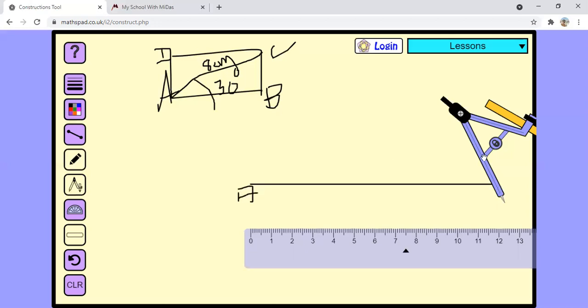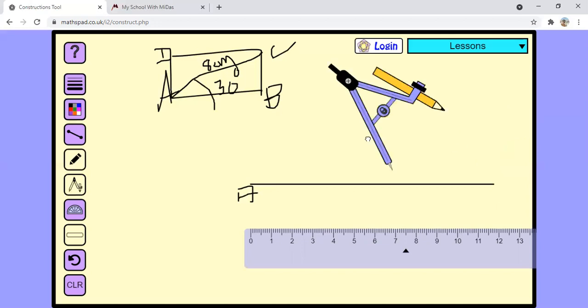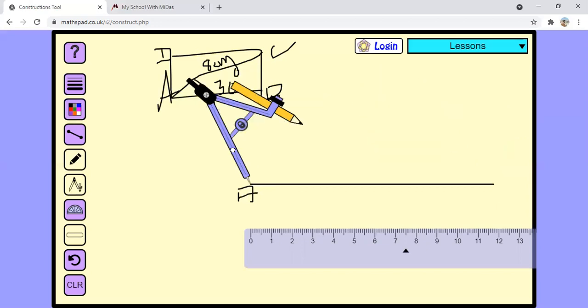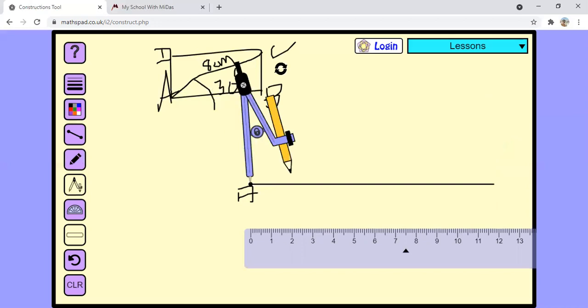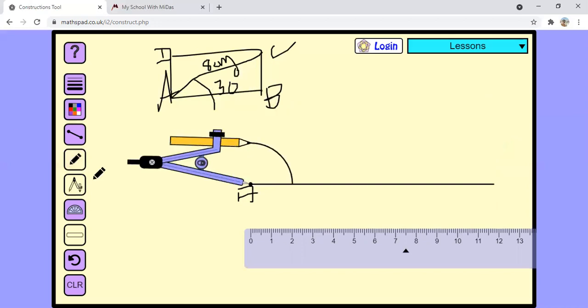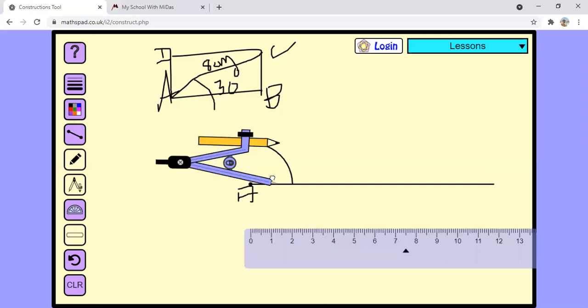Now take the compass and put it at point A. Take one arc and construct one main arc like this. Put the compass at the 0 degree point and cut this side.